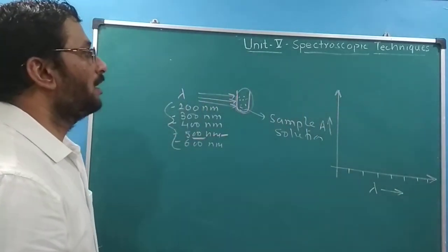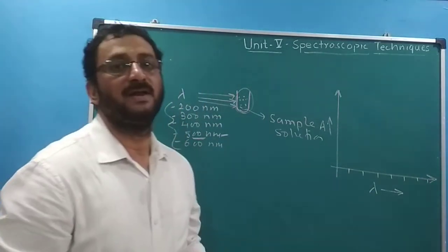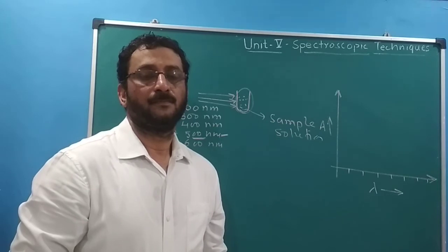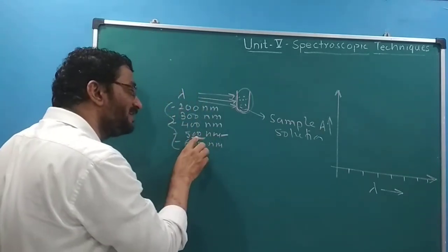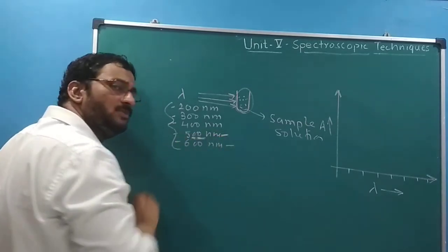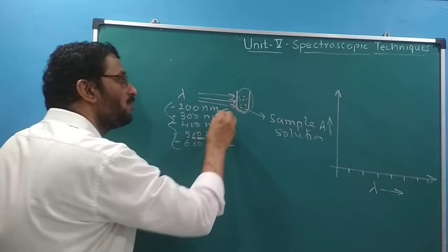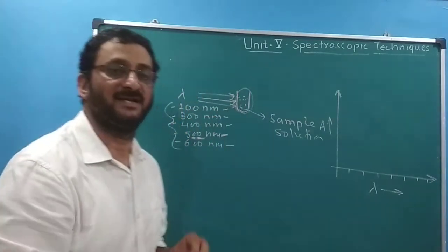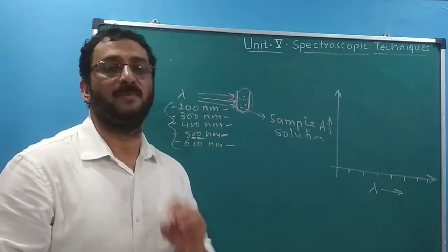So by absorbing certain part of light, second point, I am not consuming all this food equally; I am consuming this to maximum. I may consume this to some extent, and all other food to some minimum extent, isn't it? But one wavelength I am consuming to maximum extent.